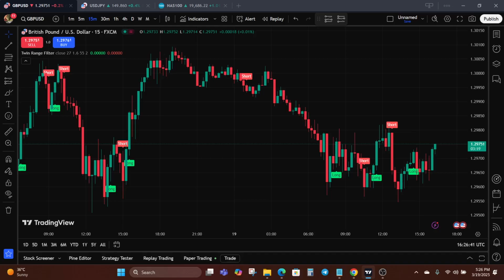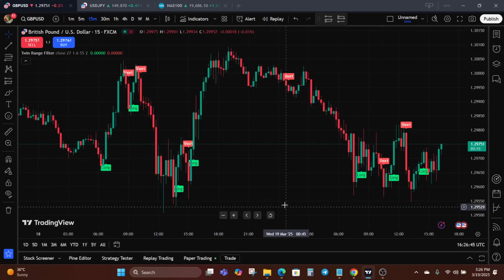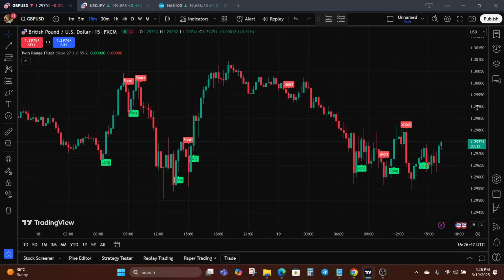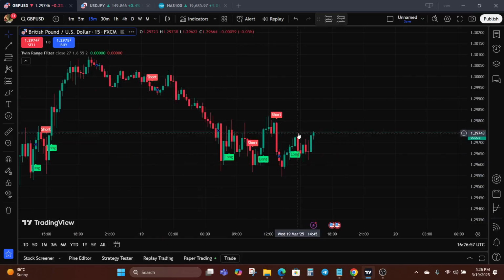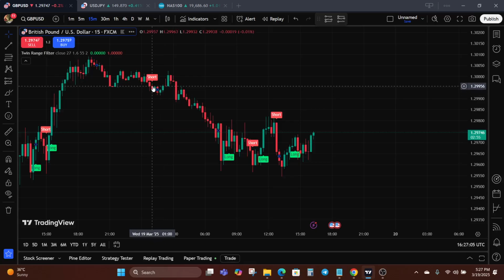Okay, now let's just briefly look at how the indicator has been giving signals over a specific period of time. All right, so like I said, this is just a very straightforward indicator. When it identifies a potential sell opportunity, it gives a short signal.